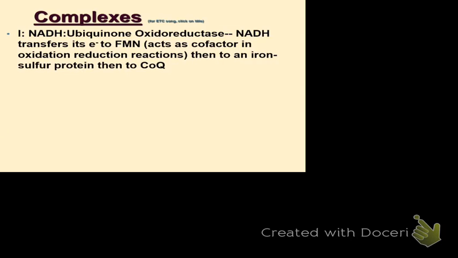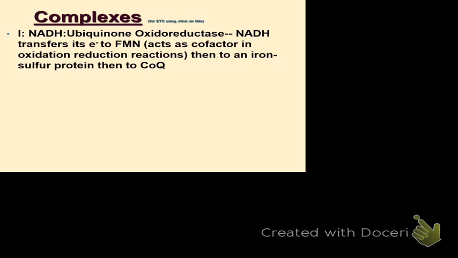And in particular, is it going to be oxidizing or reducing the NADH? It's oxidizing because NADH is losing its electrons. Ultimately, ubiquinone is going to be reduced, and you're going to find out it's going to be reduced to ubiquinol.